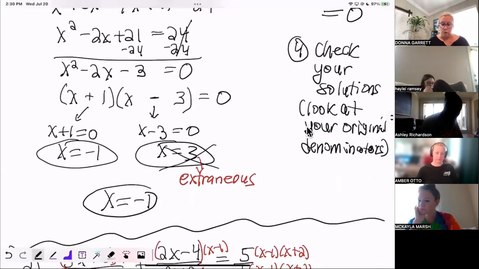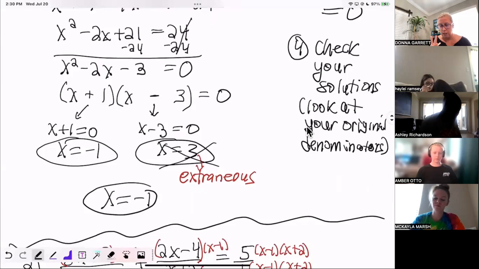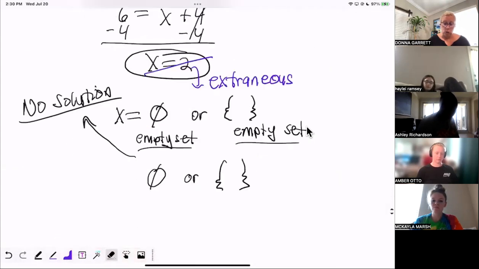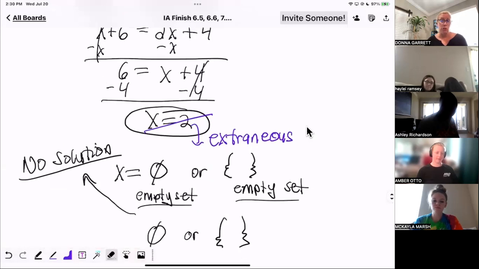Yes. And like this first one we did, we had 2 answers, right? We had one that was fine and one that wasn't fine. So I wouldn't use that symbol because I do have a solution. I had that as my solution. When everything is not a solution, you use that symbol. So this one, the only answer we have is 2, which is not a solution. That's when you use the empty set.